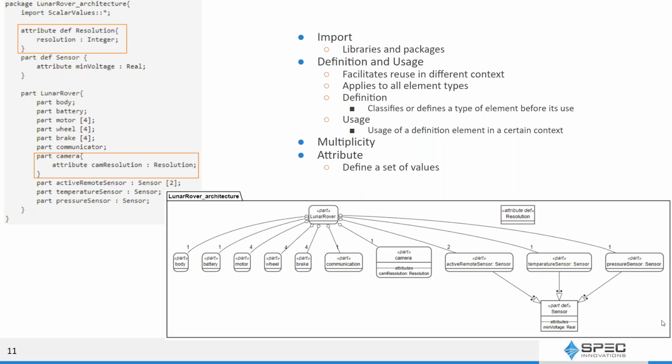In order to define these unit types, that's where that import is really key. The import ScalarValues gives you the integers, real, imaginary, etc. Attribute def resolution has another attribute called resolution of type integer, and then it is used in part camera. Camera has an attribute called cam resolution, which is of type resolution.